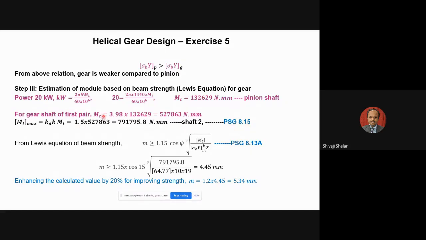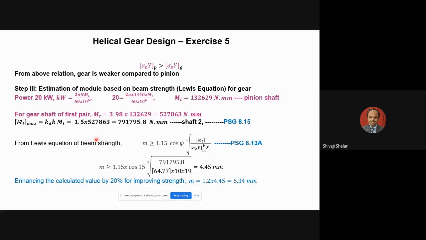This value of KDK product is available on page 8.15. If you want to see, I will demonstrate that. You have seen this so many times, so I will not go back for demonstration here. So we get this value as 791,795.8 Newton millimeter. So this is your torque value on the shaft.